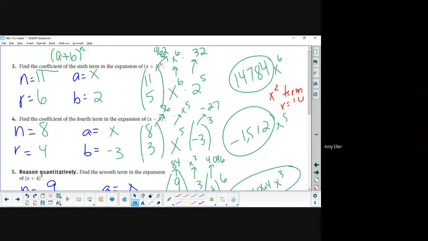Let's try another one. Let's say in number 4, instead of asking you for the 4th term, let's say it says find the x to the 6th term in this one. Figure out what r would be.